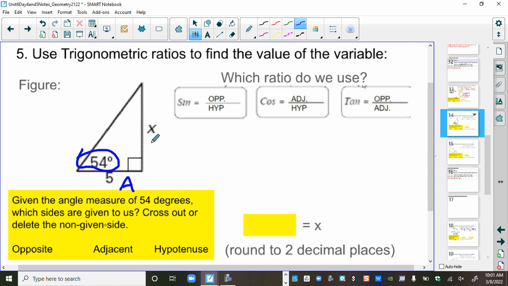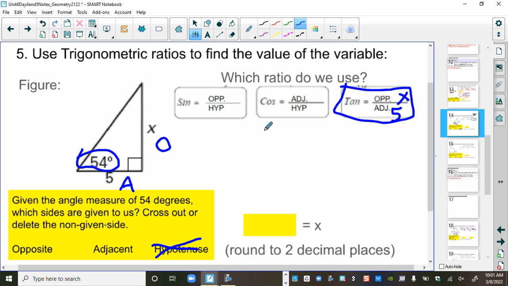Jason, 5, opposite x. Got to do the tangent, that's right. Tangent, because we don't have the hypotenuse. You have an opposite, which is the x. Adjacent, 5.